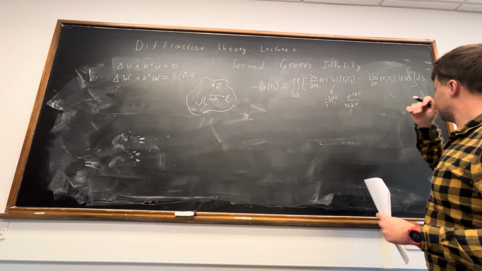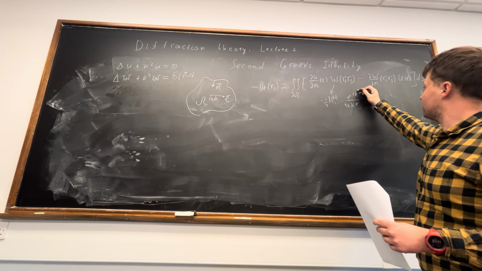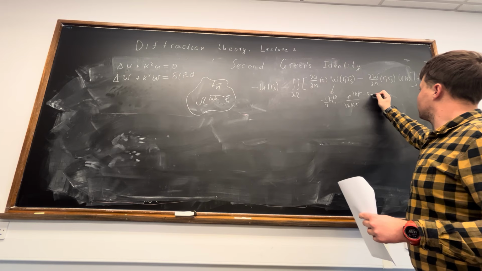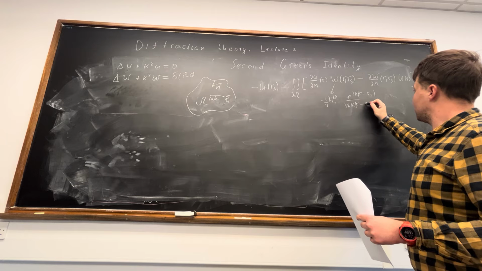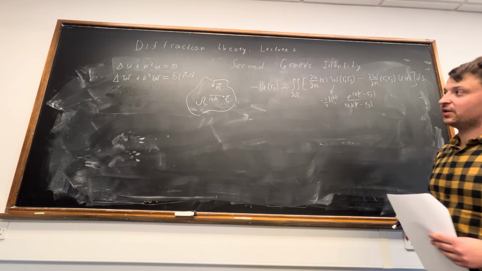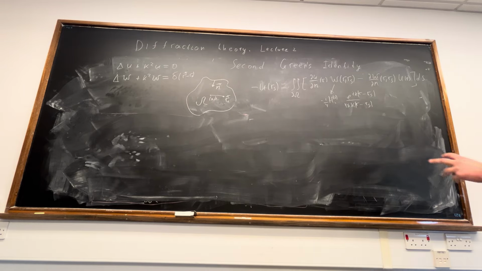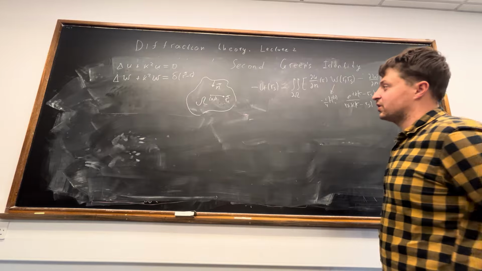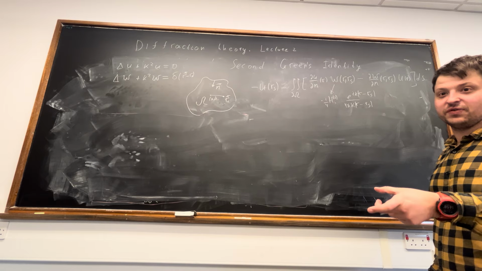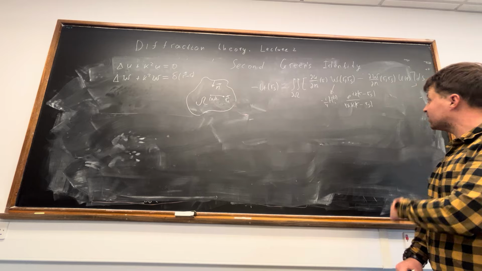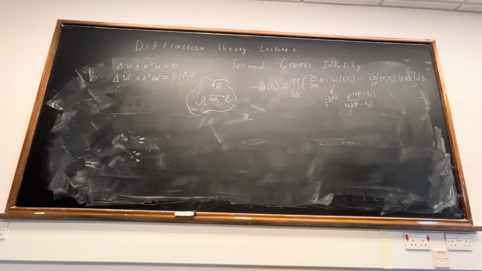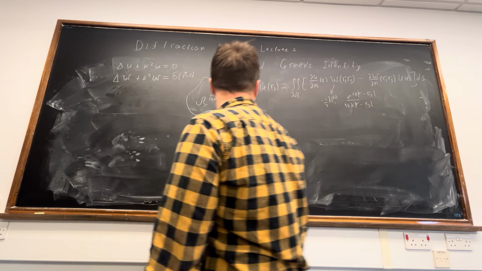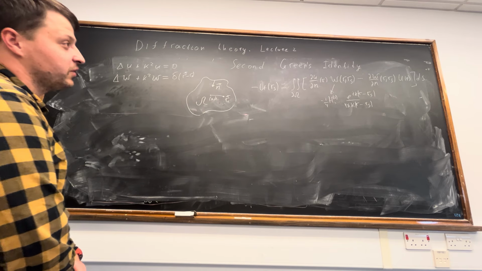Since here I have r minus rs, so probably for those who are not familiar, it will be like this. So we obtain our solution for point source located at 0, and then we just shift and we have this dependence. And so using this formula we can reconstruct field everywhere.